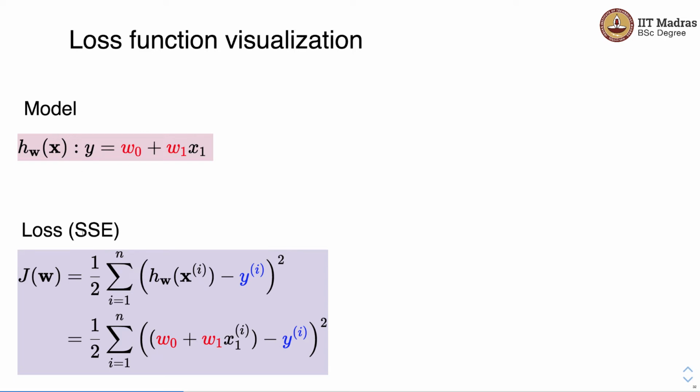So the corresponding sum of squared error loss function can be written by substituting the value of the model, and that is half the sum over all training examples. The predicted value can be obtained by the model formula, which is w0 plus w1 x1.